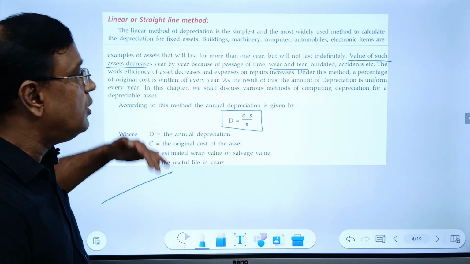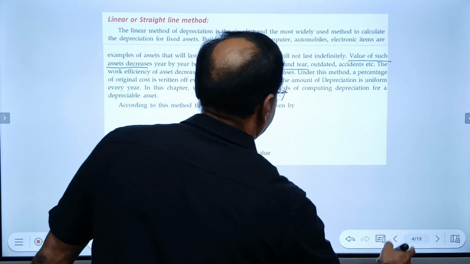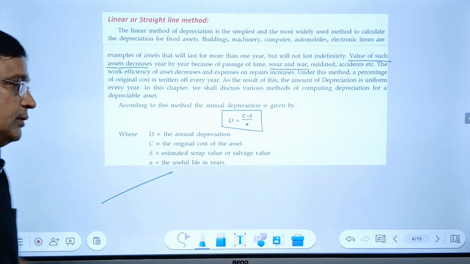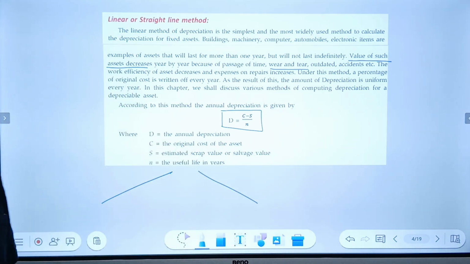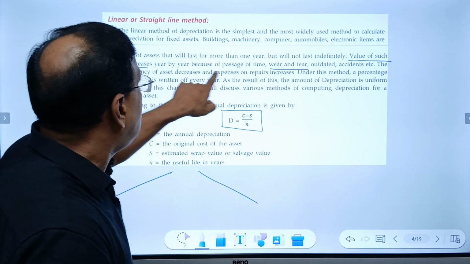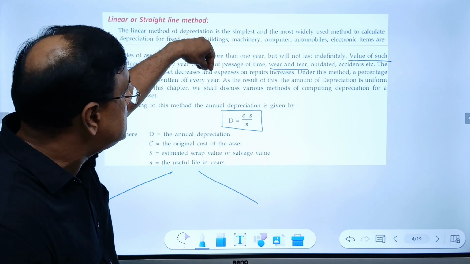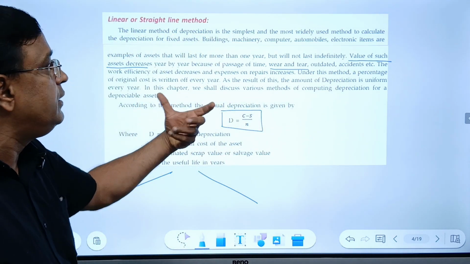It's called the linear method, otherwise called the straight line method, where the depreciation is linear. It undergoes depreciation uniformly because the work efficiency of the asset decreases. The percentage of original cost is written off every year.